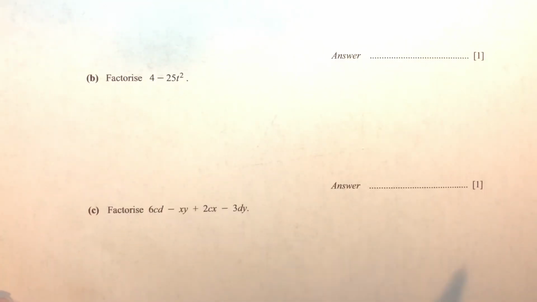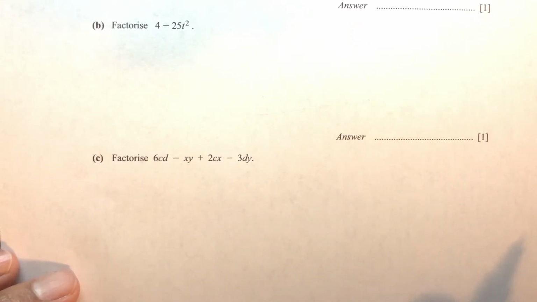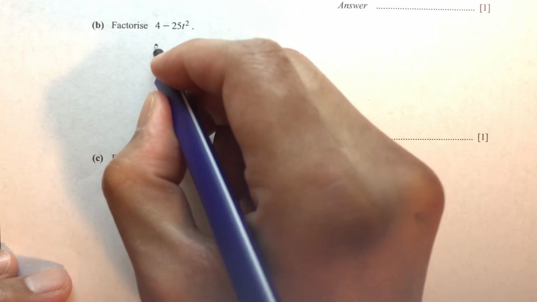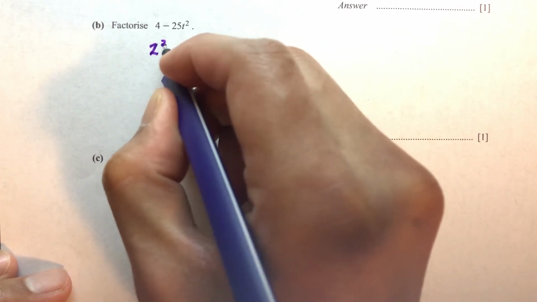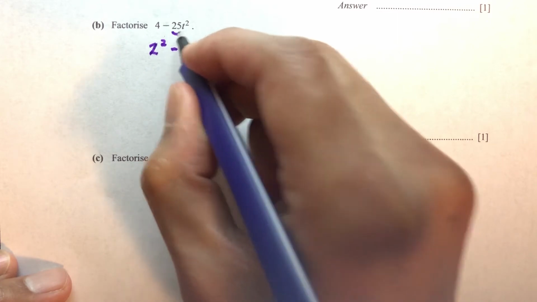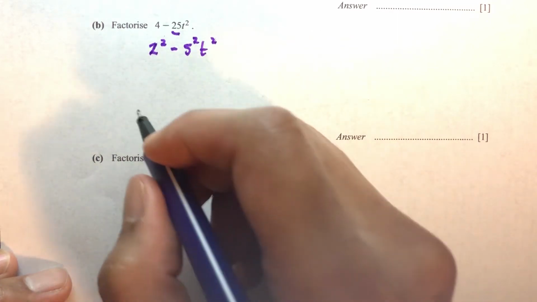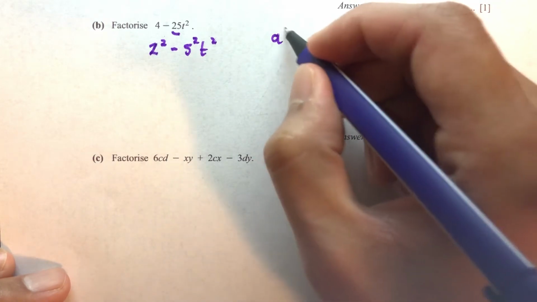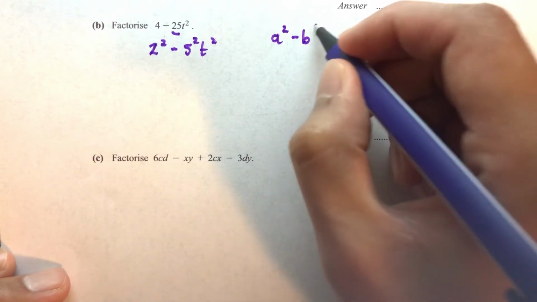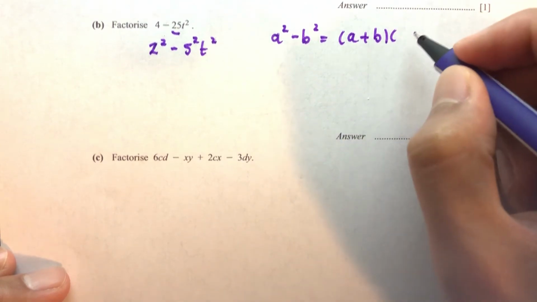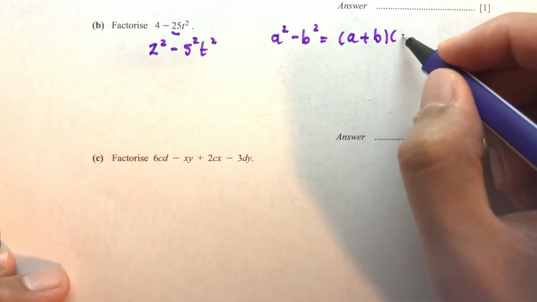And then the next part B, we have 4 minus 25t squared. What is 4? 4 is 2 squared, minus 25 is 5 squared t squared. We know that if we have a squared minus b squared, that will be a plus b times a minus b.